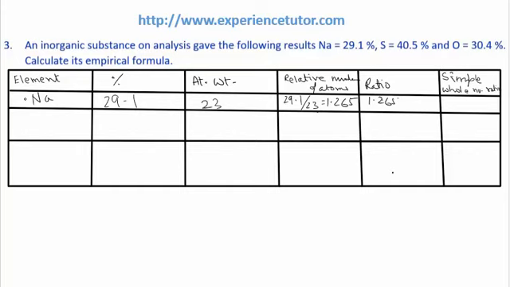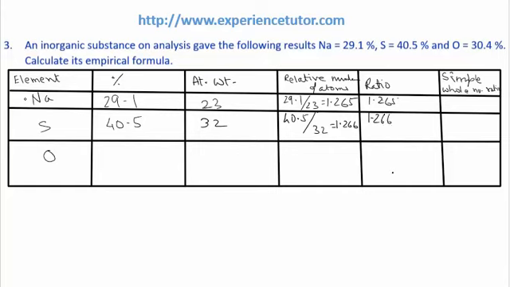Now S and O. S is 40.5, here it is 32. 40.5 upon 32 is equal to 1.266.